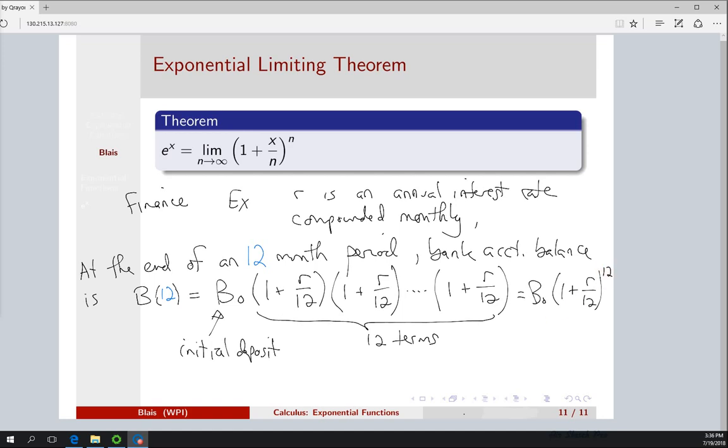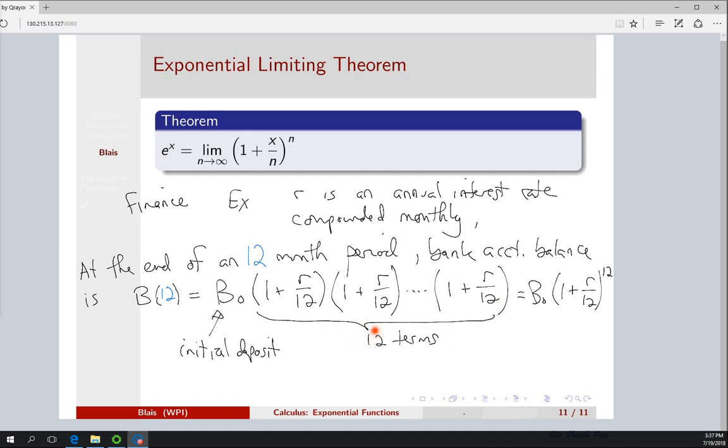And the reason I give this example is notice that this 12 in the denominator of this interest term and this 12 in the exponent match. Well, what if you had more frequent interest compounding? What if you had it every week? Well, there's 52 weeks in the year. So at the end of the 1 year, each one of these terms would be R over 52, but you'd have 52 of them.